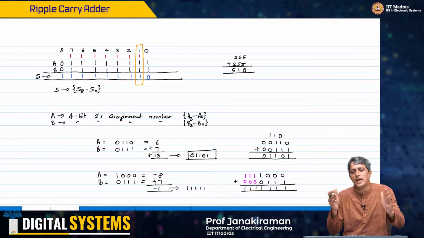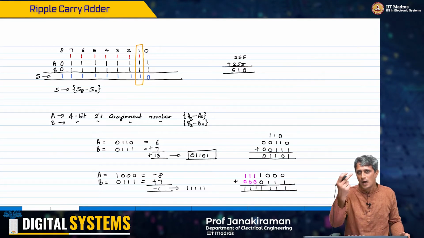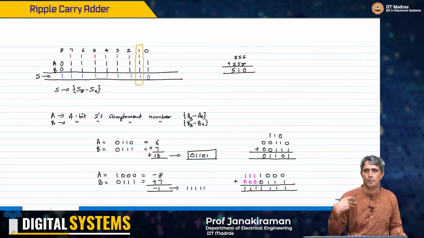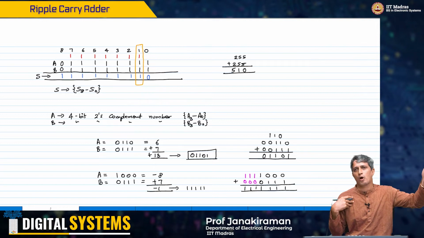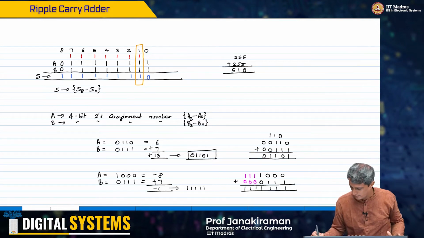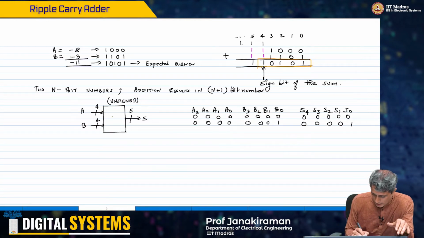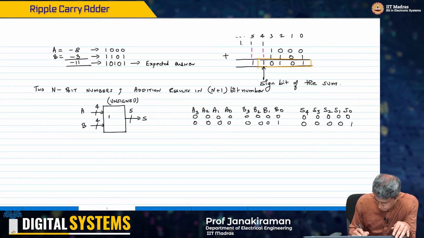The output of that circuit will be 2 things: it will generate its sum bit and then propagate a carry to the next stage. I'll just call this the adder.